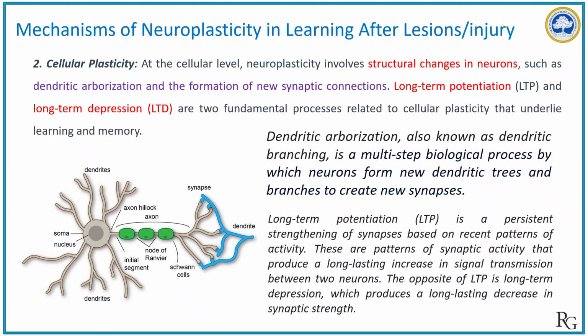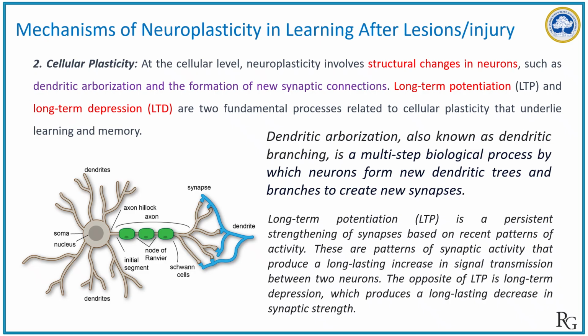So in humans, however, preliminary evidence is encouraging. For example, LTP-like effects introduced by repetitive transcranial magnetic stimulation, or TMS, in the motor cortex of the injured hemisphere have been shown to predict better recovery 6 months later.